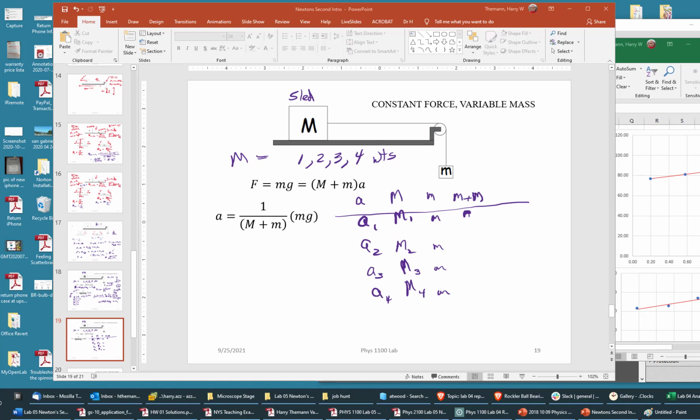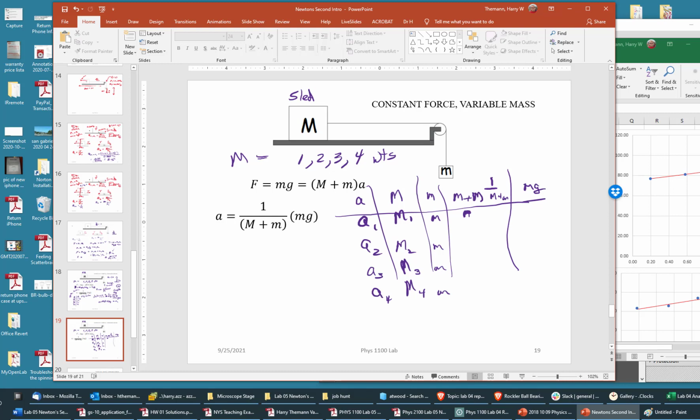All right, then we need 1 over m plus M, capital M plus m, and we need mg. So this is what we have to create that's new. Although we could just go straight into 1 over m plus M if we wanted to. So then we're going to create a graph. And we're going to put A on the y-axis. And what's on the x-axis is force.